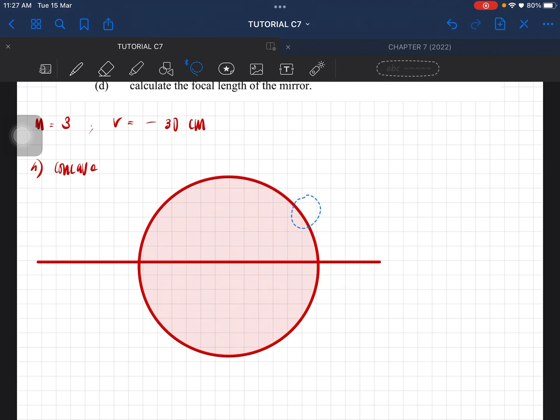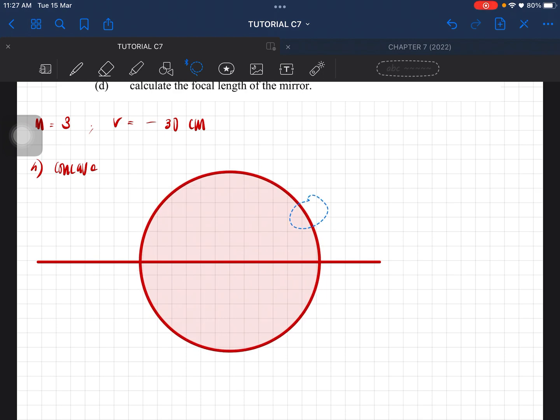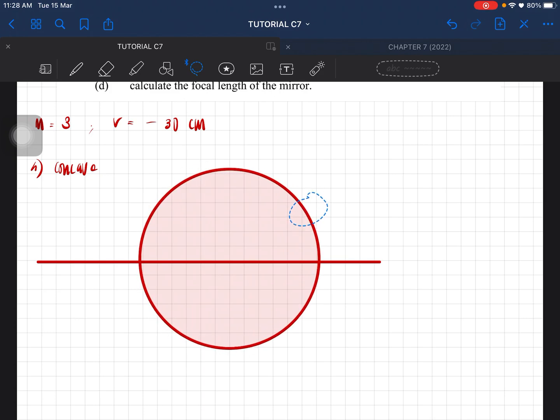This is tedious. So we have 1 2 3 4 5 6, 1 2 3 4 5 6.